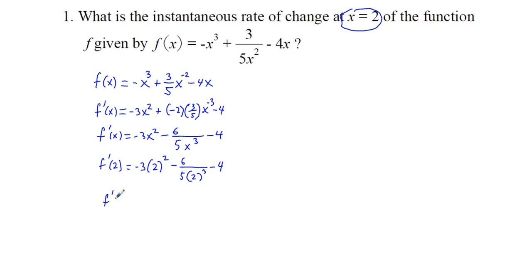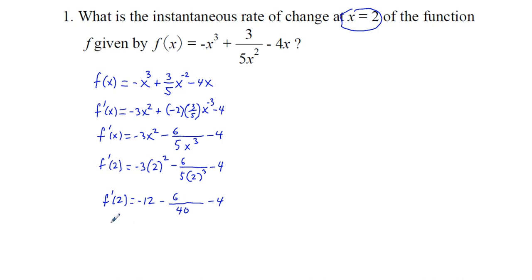We got 2 squared, which is 4 times negative 3, so we have negative 12. And then this next fraction is 6 over 5 times 2 cubed, well, that's 8 times 5 is 40, minus 4. And 6 over 40 simplifies to 3/20.